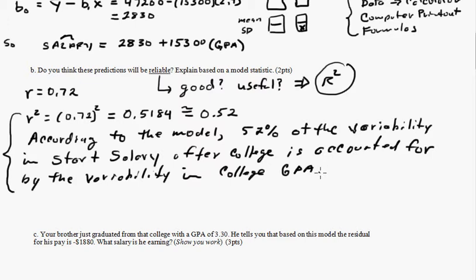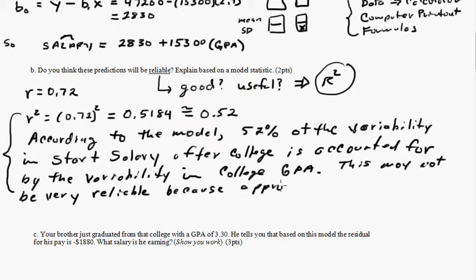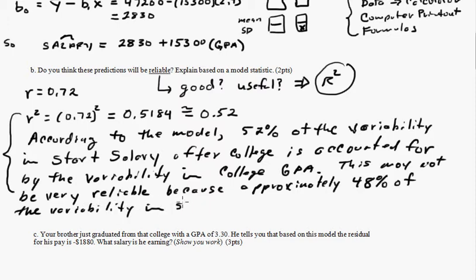But you might say this model may not be very useful or very reliable, because approximately 48% of the variability in starting salary is not accounted for.